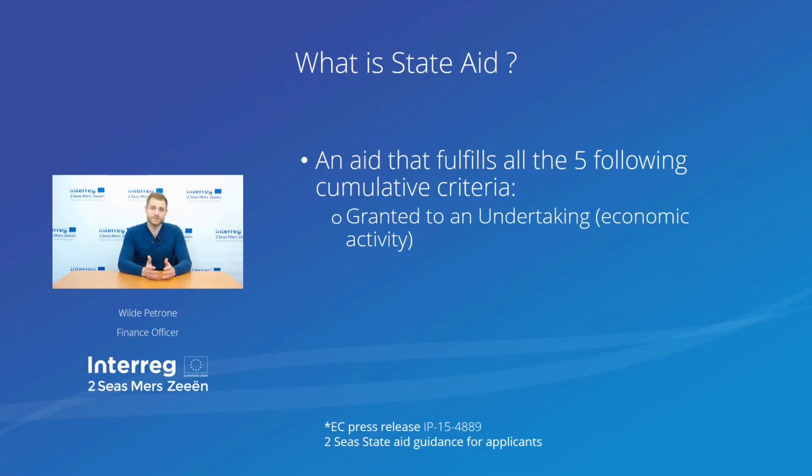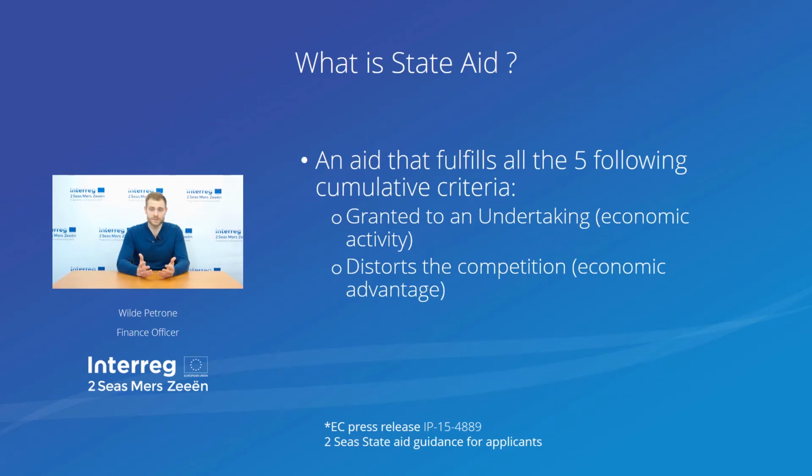First, you have to see if the aid has been granted to an undertaking. What is an undertaking, you would ask yourself? An undertaking is an organization that carries out economic activity. And what is an economic activity then? An economic activity is, unfortunately, broadly defined as offering goods and services on a given market.